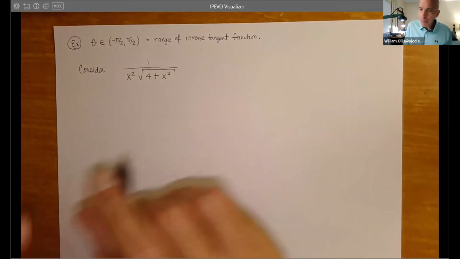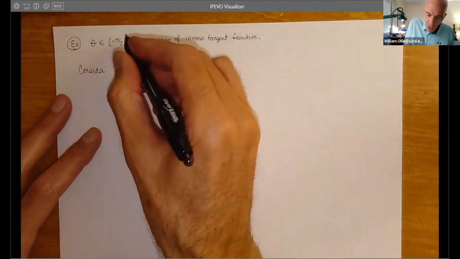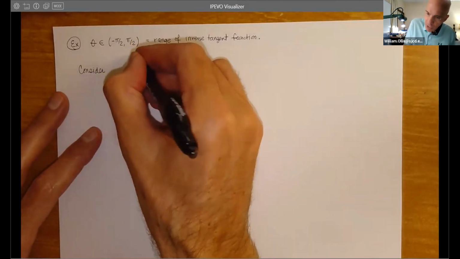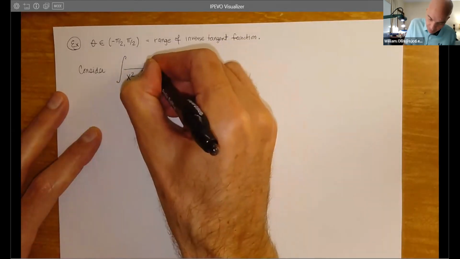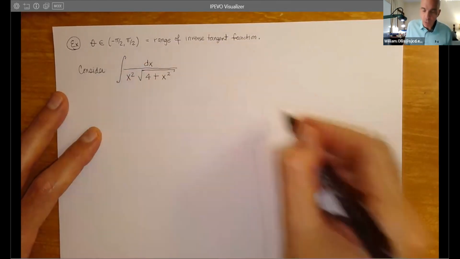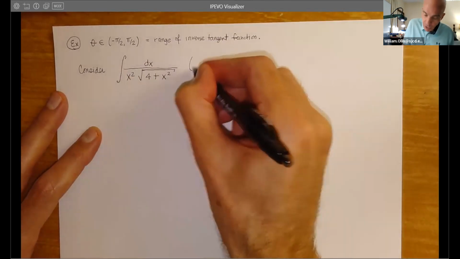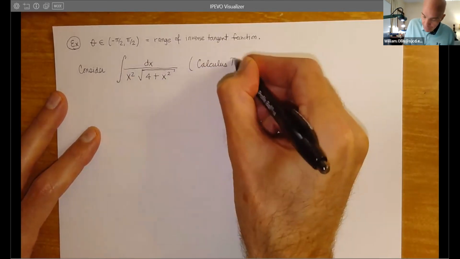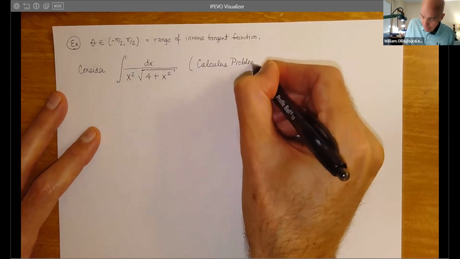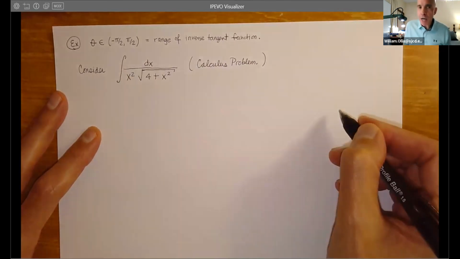Okay, so here's what we're going to do here. So basically, here's what the problem would be in calculus. I'll just write it out. It would look like this. That would be the calculus problem. So here's the calculus problem. So how does trig help you solve this?